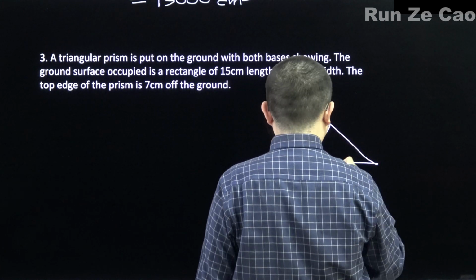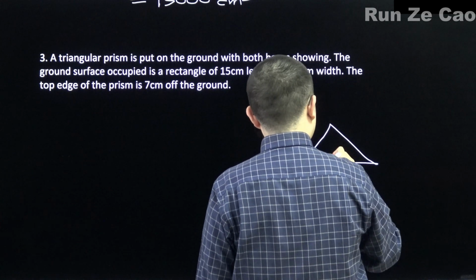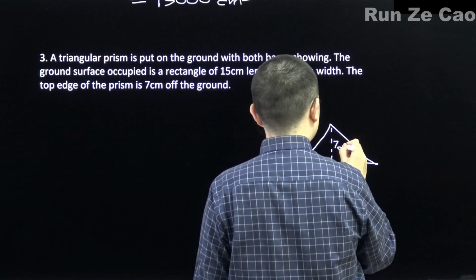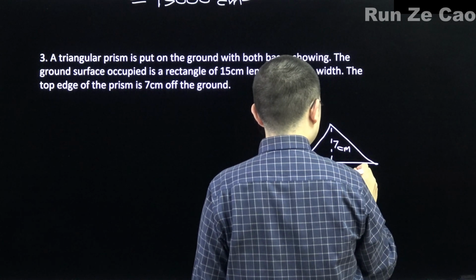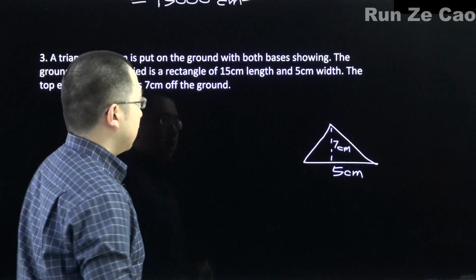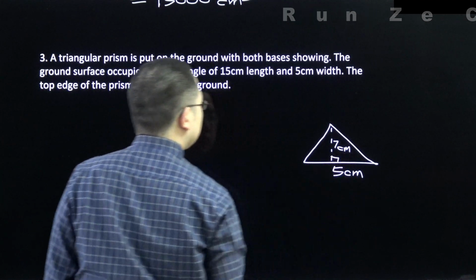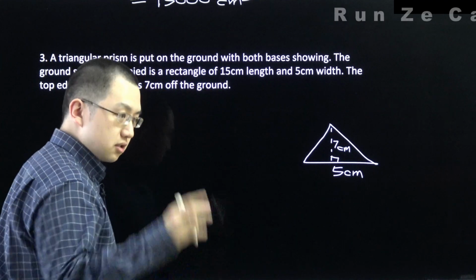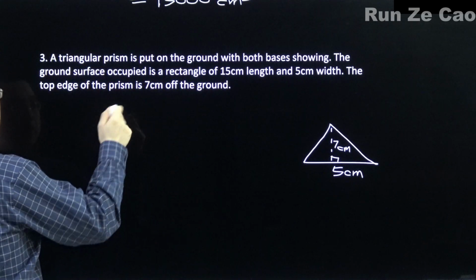And this is 5 centimeters width, and this height is 7 centimeters. As you can see, this diagram is not to scale. Anyway, that tells us what the area of the base is.